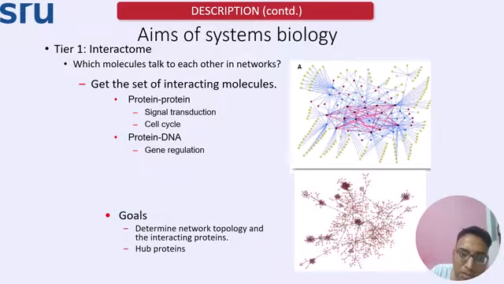The second part, see, determine network topology and the interacting proteins. Which protein among them? If I say some proteins are the most connected to each other, some protein which is highly connected to each other, something which is shown here, something which is connected to several different enzymes are the ones which are termed hub proteins because they are governing several different parts.